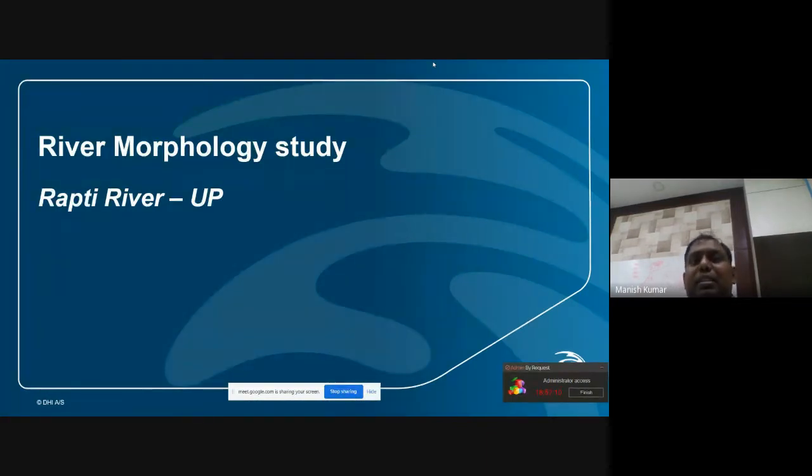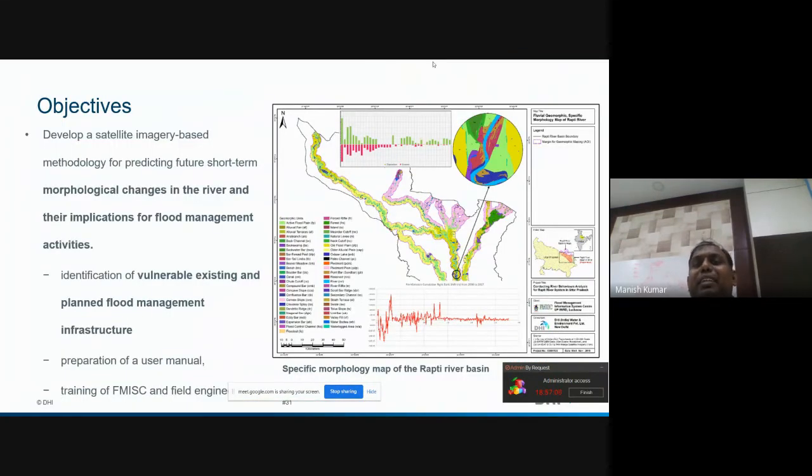There is another project related to morphology, and it's a little different project. Here we were supposed to predict the change, the vulnerability, of an area along this Rapti river.